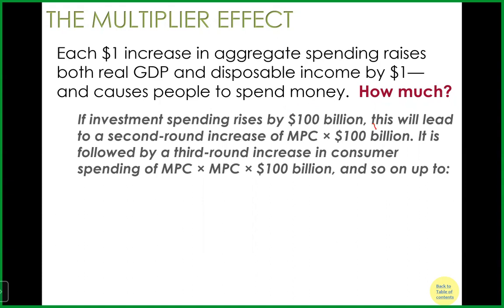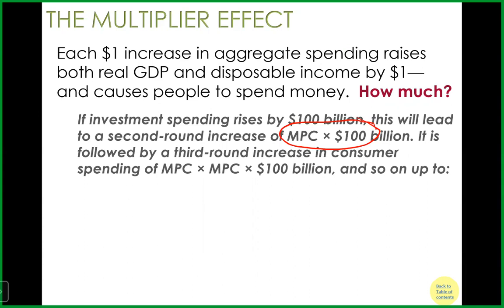So the total spending is going to be this number. Does it make sense? Because in total, there's a 100 billion increase in income. And then collectively, they're going to spend a fraction of this 100 billion, which is MPC times 100 billion.